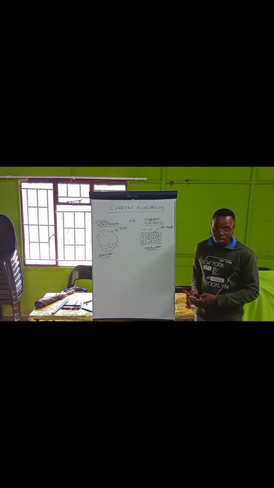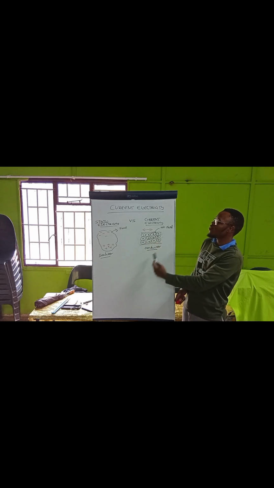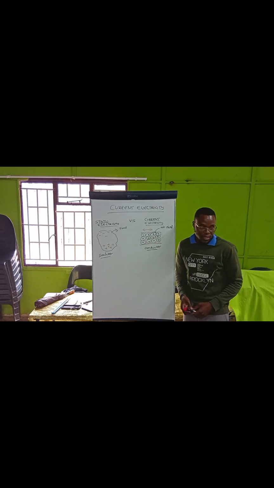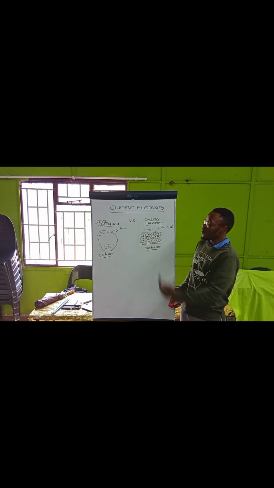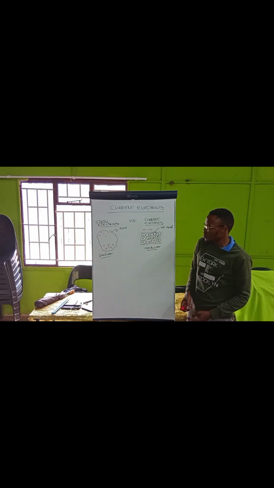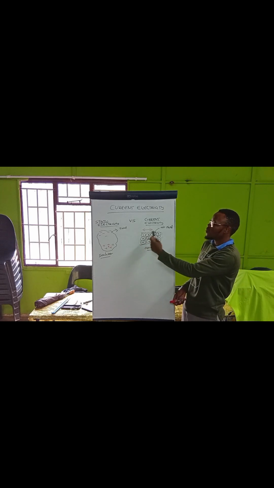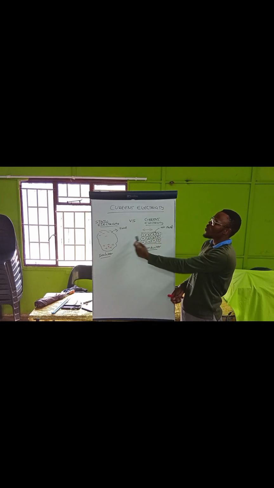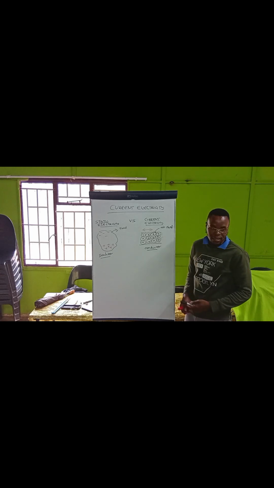Now, in comparison, if you look at conductors, in this case you need to recall your chemistry, metallic bonding, where we note that metals are made out of positively charged ions in a sea of delocalized electrons. What do we mean by a sea of delocalized electrons? We mean there are many electrons which are free to move to and fro within that metal.